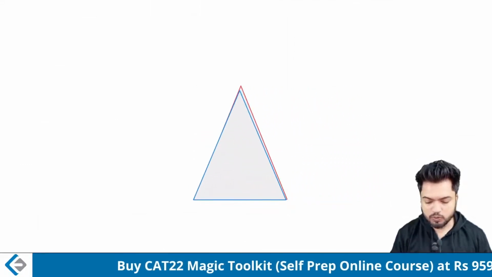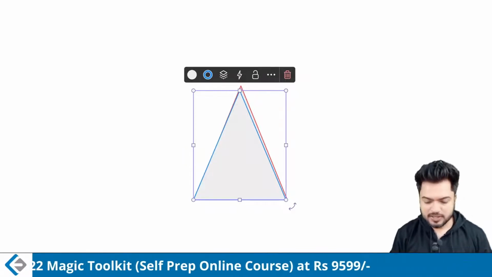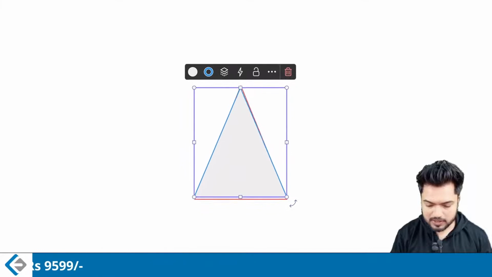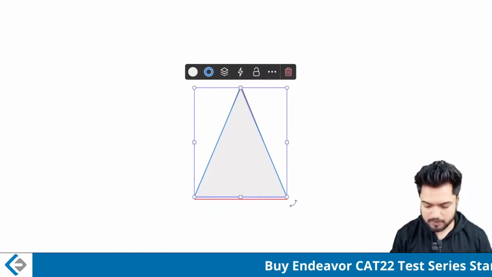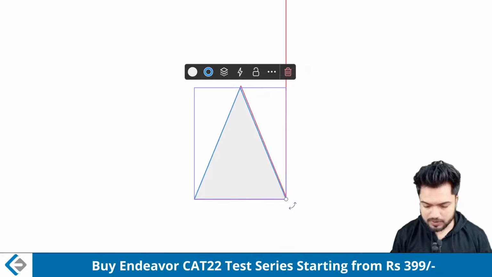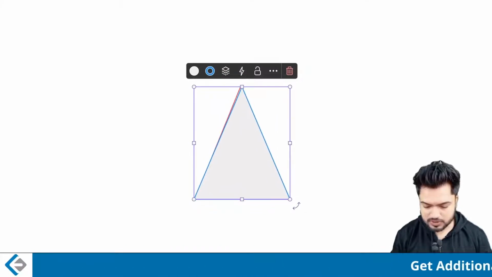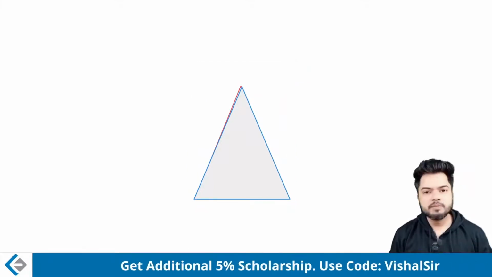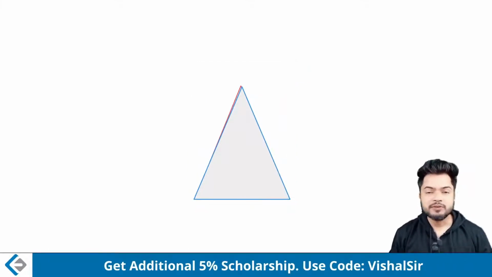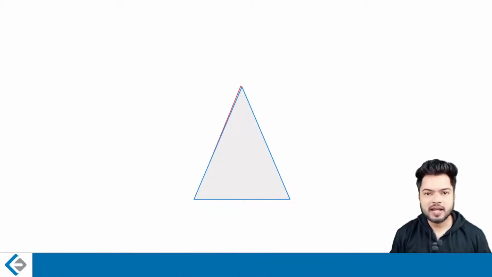Is it being superimposed completely or exactly? Yes, it is. Let me cover it completely, something like this. Can you superimpose them? Yes, which means that the two triangles are the same. They are one and the same triangle. That's why you say they are congruent.